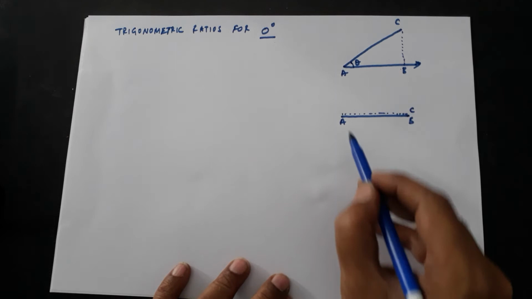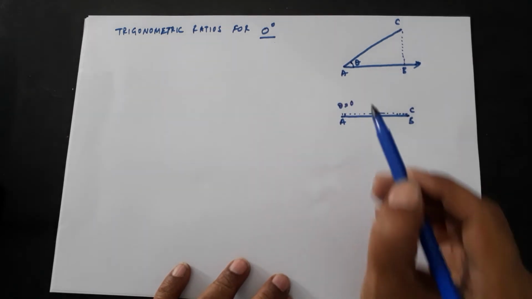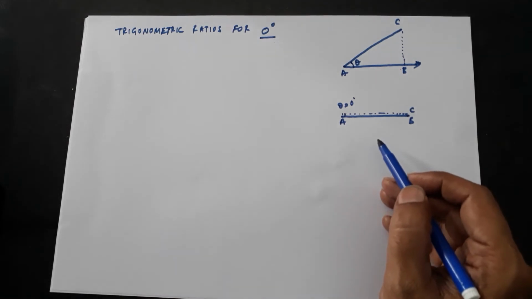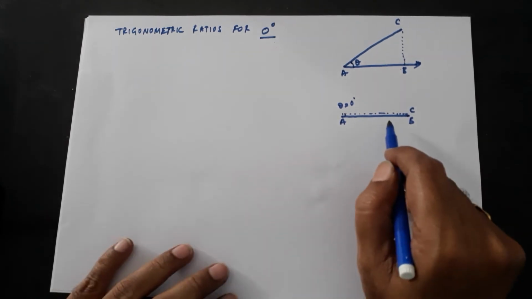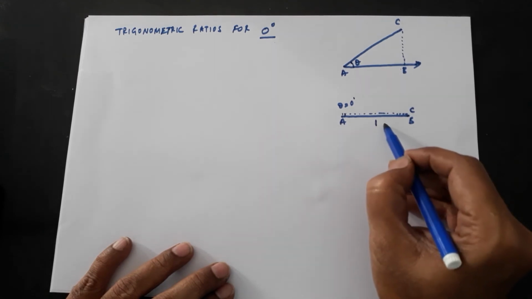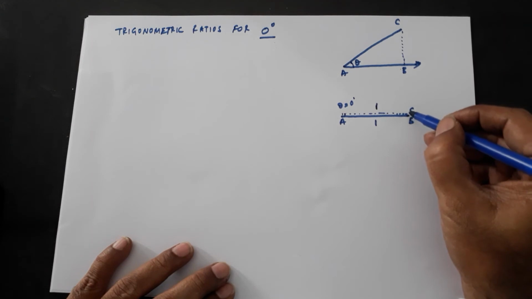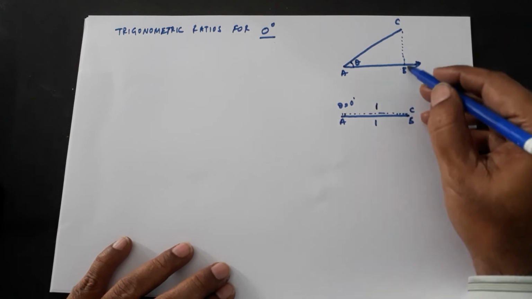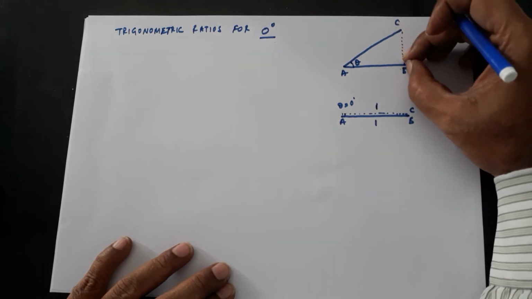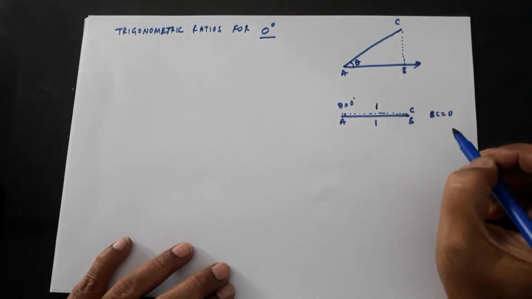So here theta will be equal to 0 degrees. If you take AB as 1 unit, AC will also be 1 unit. What happened to BC? BC has reduced to 0. So BC here will be 0.